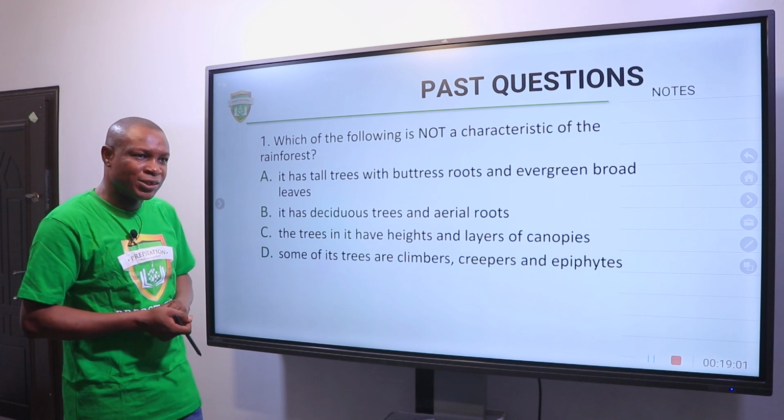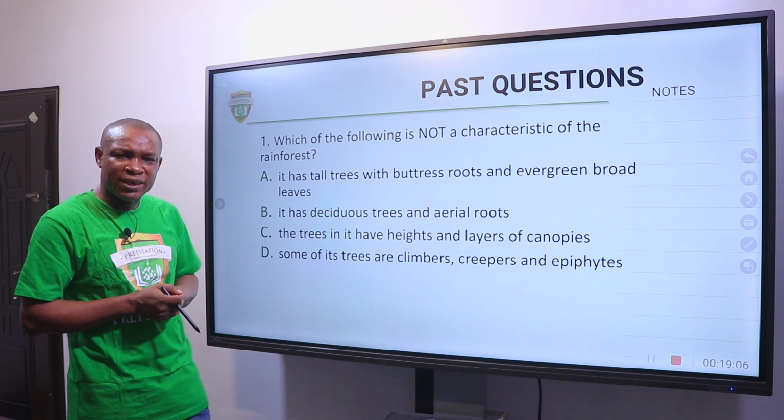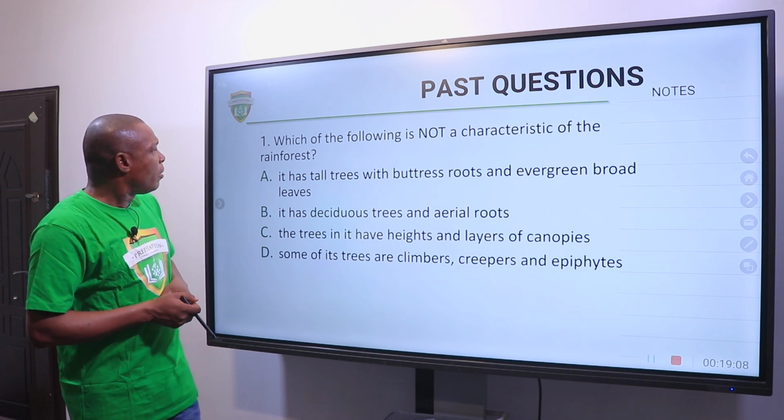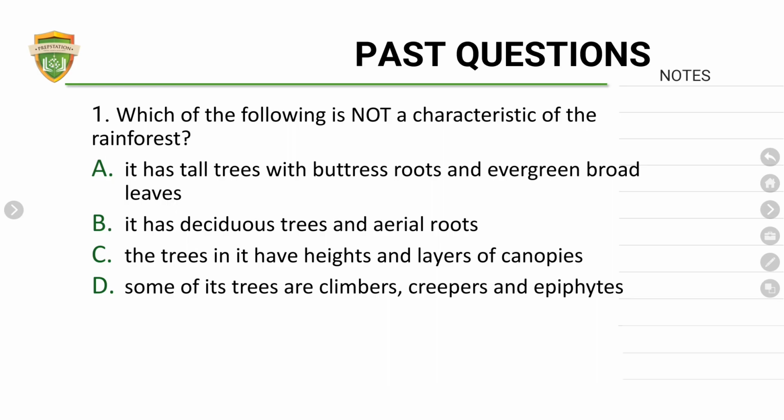Past questions associated with vegetation resources in Nigeria. This question asks, which of the following is not a characteristic of the rainforest? A, it has tall trees with buttressed roots and evergreen broad leaves. B, it has deciduous trees and aerial roots. C, the trees in it have heights and layers of canopies.